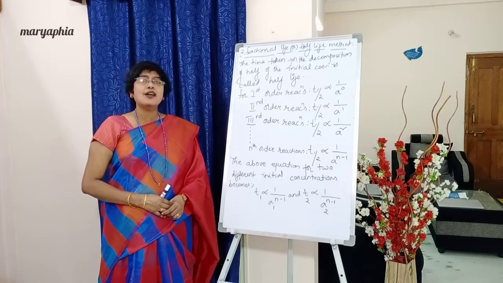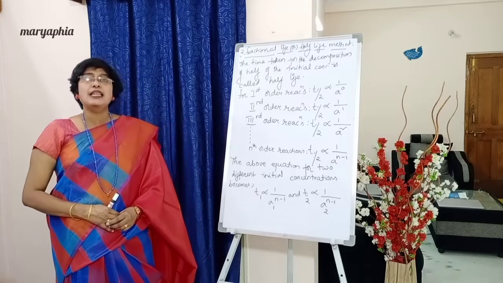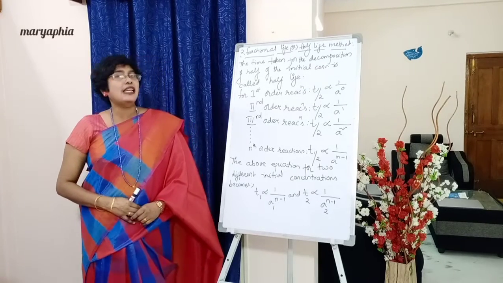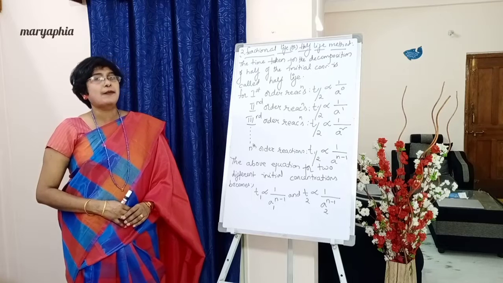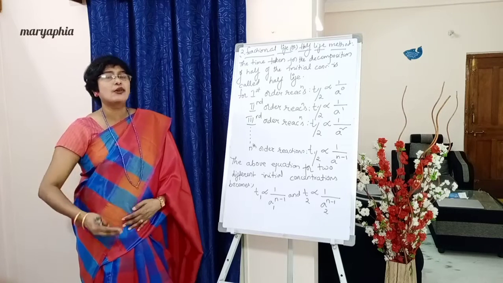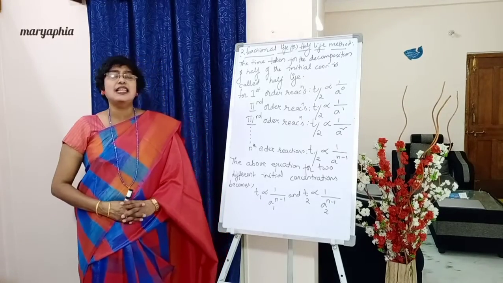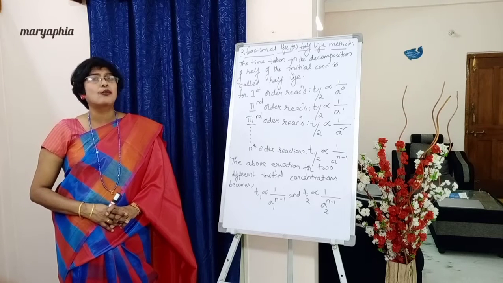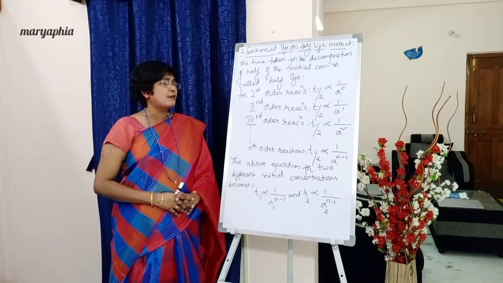Next, for third order reactions, t half proportional to 1 by a power 2. Fourth order reactions, t half proportional to 1 by a power 3. Fifth order, t half proportional to 1 by a power 4. So like that it goes on, and for nth order reactions we can write t half proportional to 1 by a power n minus 1.